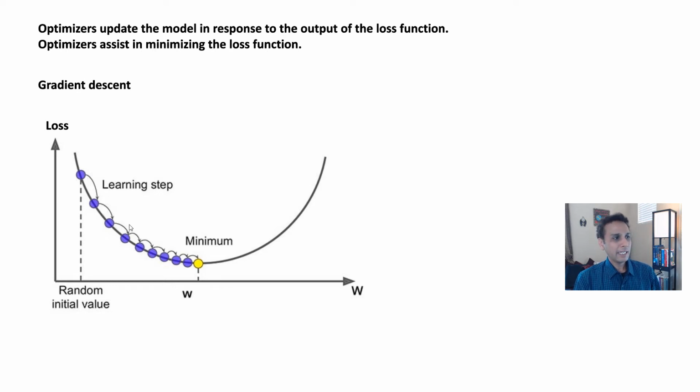But this is it. And typically when you map out the loss versus the weights, it may not be this uniform. You may have a valley, but then a small hill and valley and so on. So gradient descent is a way of actually finding this minimum.